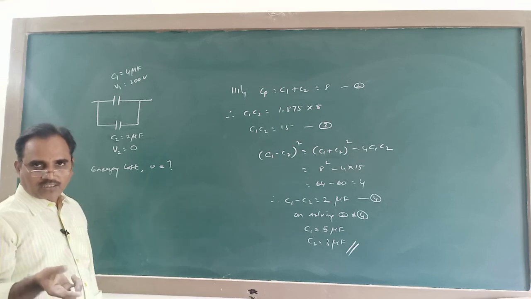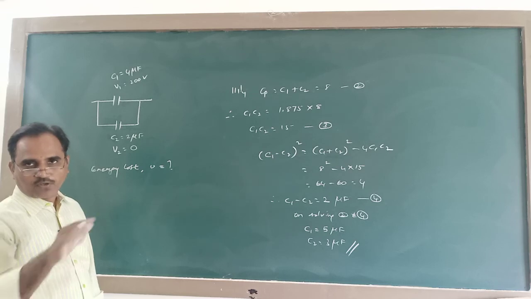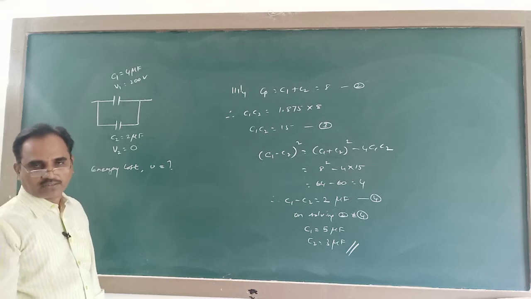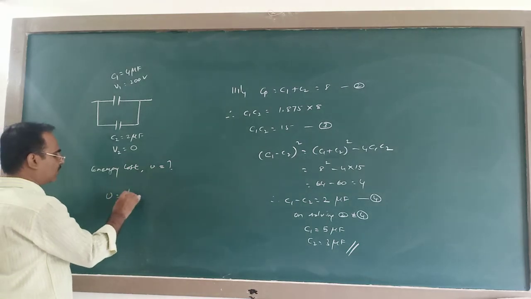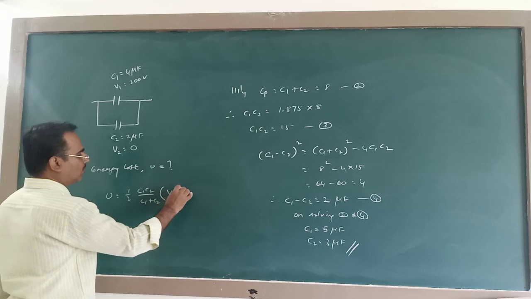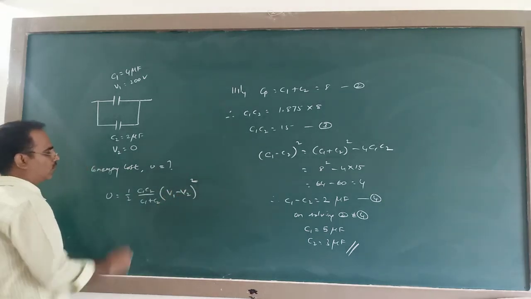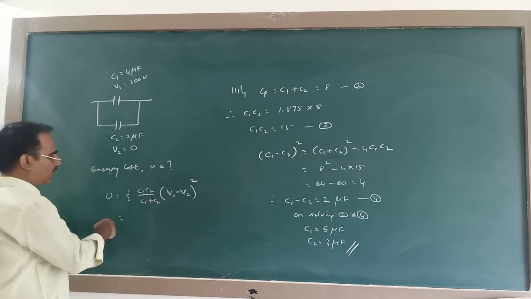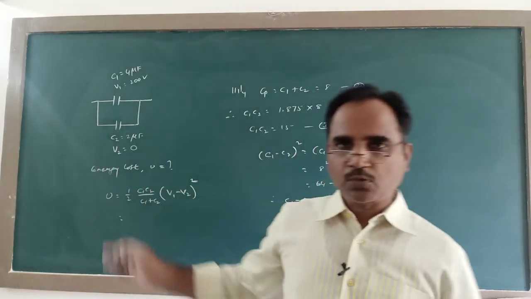You find out the energy after they acquire common potential difference and you subtract those two, you will get energy loss. Or otherwise, straight away you can take this formula: half C1 C2 divided by C1 plus C2 times V1 minus V2 whole square. You know C1 C2, you know V1 and V2, so you can calculate this one. You can do it like this also. So you try this problem on your own.